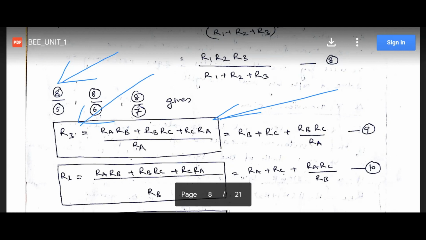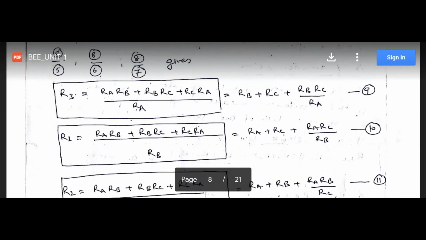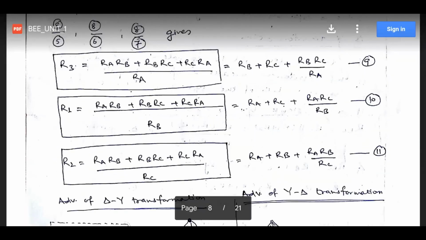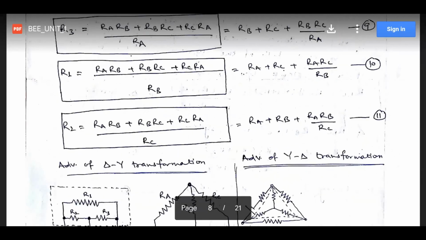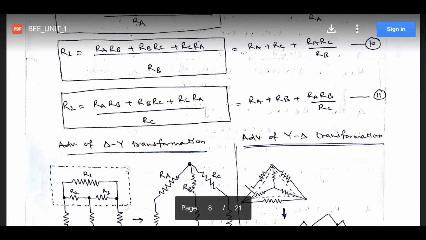Similarly, we can get the values of R1 and R2 by performing the division of 8 by 6 and 8 by 7. So in this way, we can get the values of R1, R2, R3 in terms of RA, RB, RC. Is that clear to everyone?